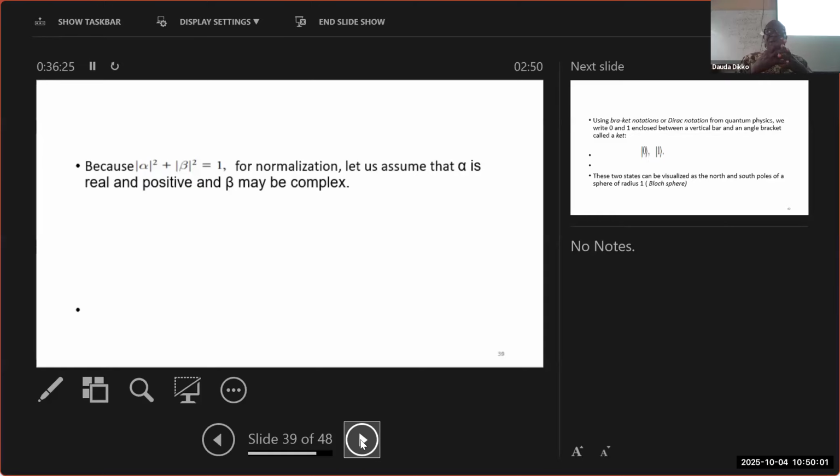Now, when you have two states, that is the qubit represented by state 0 and 1, they can be combined together.